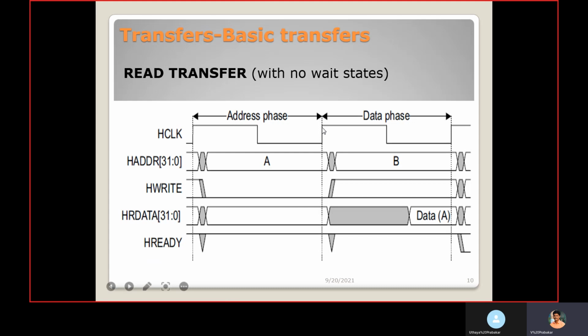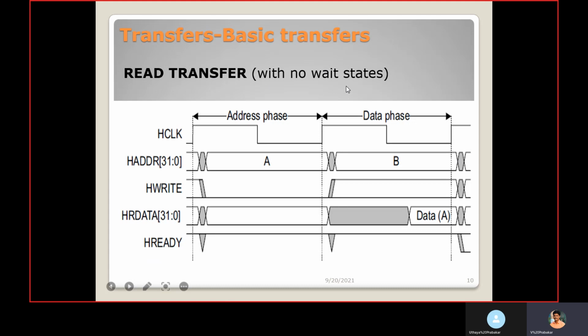First the address phase, at the passage of clock we are giving the HADDR and control signal HWRITE as 0. That means we need to perform a read operation. So the corresponding data for this address will come in the next cycle in the data phase. Here it is coming at the passage of clock. This value will be captured and we will get it at the output side. Here also, HREADY is 1 and HREADY is 1.